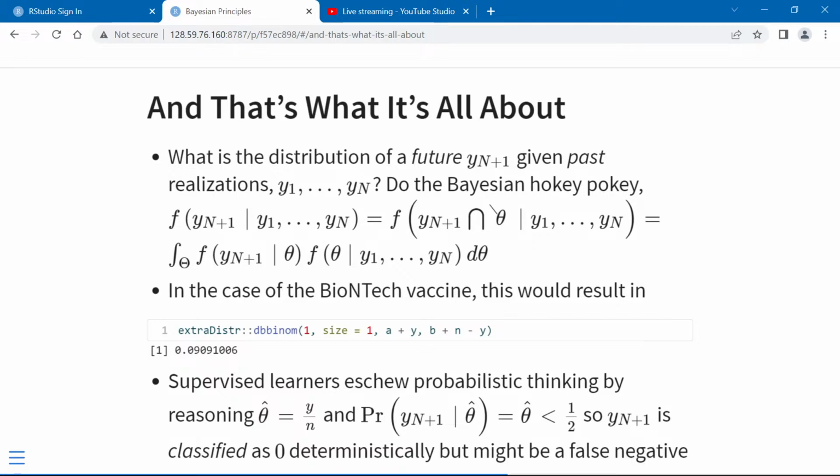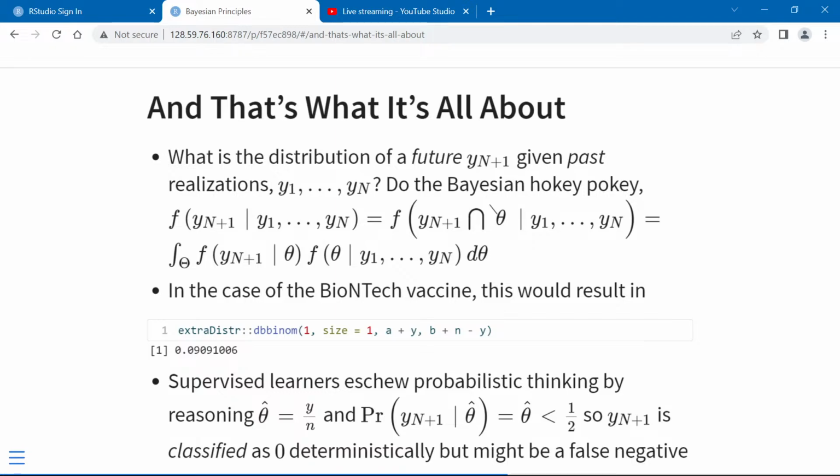So instead they'll reason something like this: okay, we get some point estimate of theta that's like y over n, or maybe we shrink it, or something like that. We get some point estimate of theta, and then the probability of a future person being vaccinated given that they have COVID and theta hat. Well, that's just the binomial, or really Bernoulli, because we're just talking about one person now, a special case of binomial.